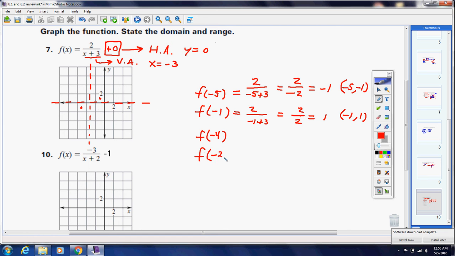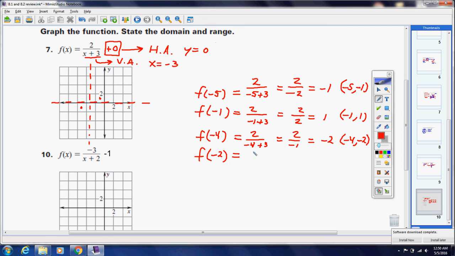So we'll want to find negative 2. Let's find these real quick. We're plugging in negative 4 for x plus 3. That's going to be 2 divided by negative 1, so that's going to be negative 2. That's a point: the x we used there was negative 4, and the y ends up to be negative 2.